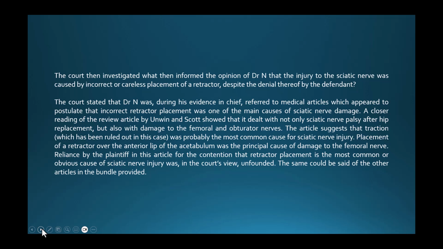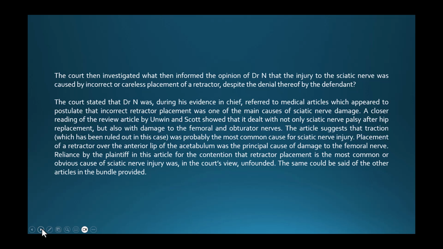The article suggests that traction, which had been ruled out in this case, remember we saw that in the beginning, was probably the most common cause for sciatic nerve injury. Placement of a retractor over the anterior lip of the acetabulum was the principal cause of damage to the femoral nerve. Reliance by the plaintiff in this article for the contention that retractor placement is the most common or obvious cause of sciatic nerve injury was, therefore, in the court's view, unfounded.